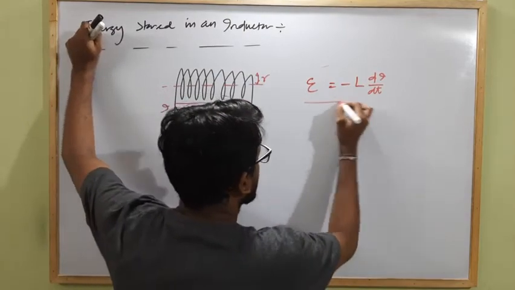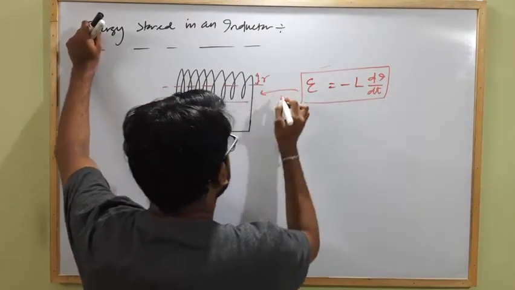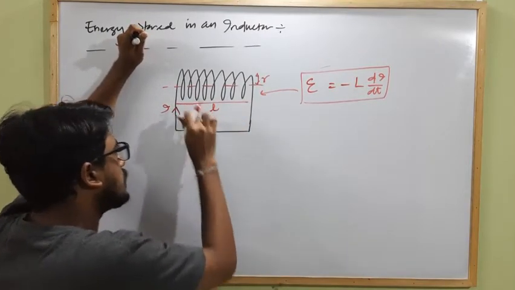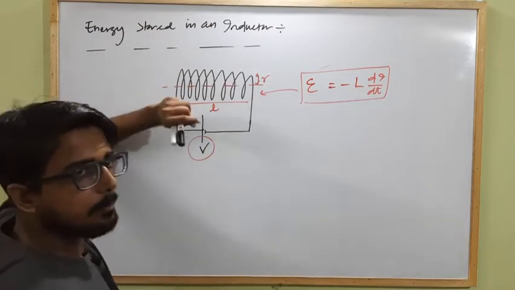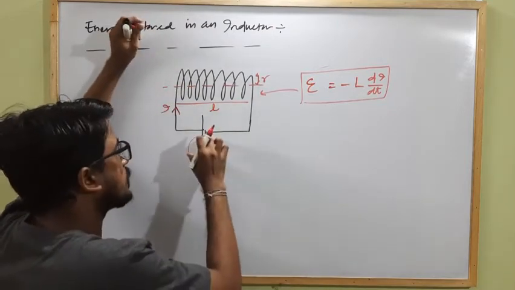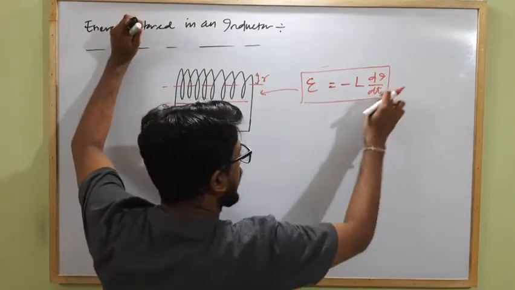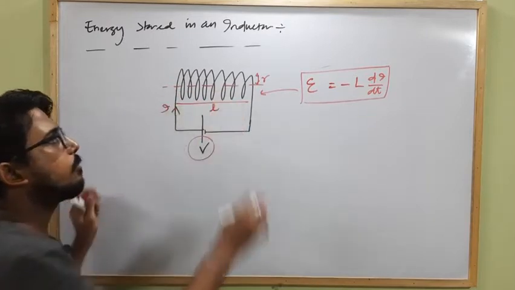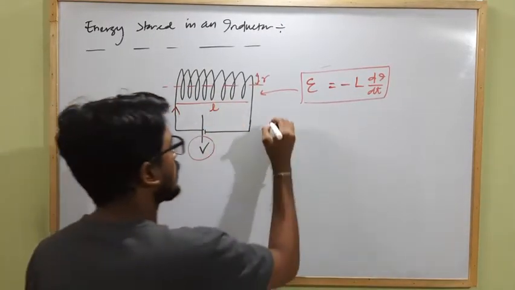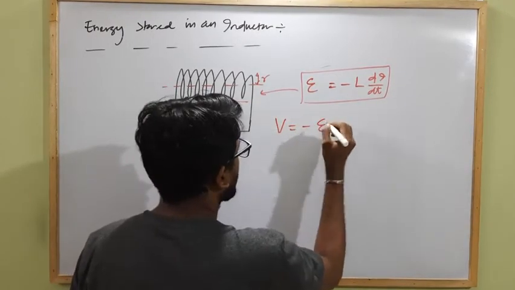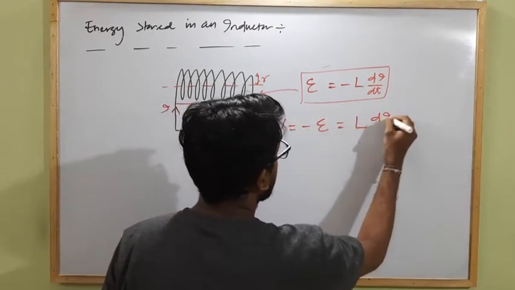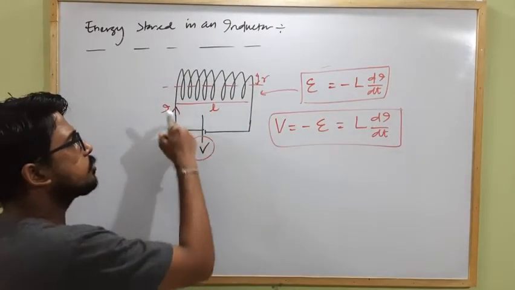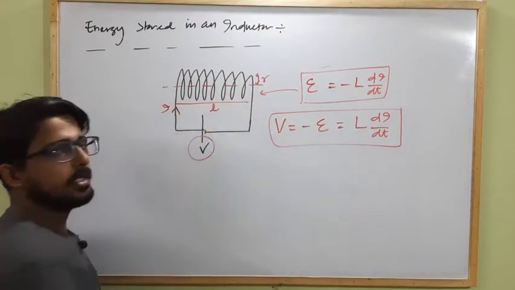As this is the opposition offered by this inductor to oppose the flow of current, the external source attached to this inductor must have the capacity to provide this much energy in the opposite direction, so that the current can overcome the opposition. So here V will be how much? Negative of E, that is L into di by dt. This is the value of the external source which is used to flow current through it.